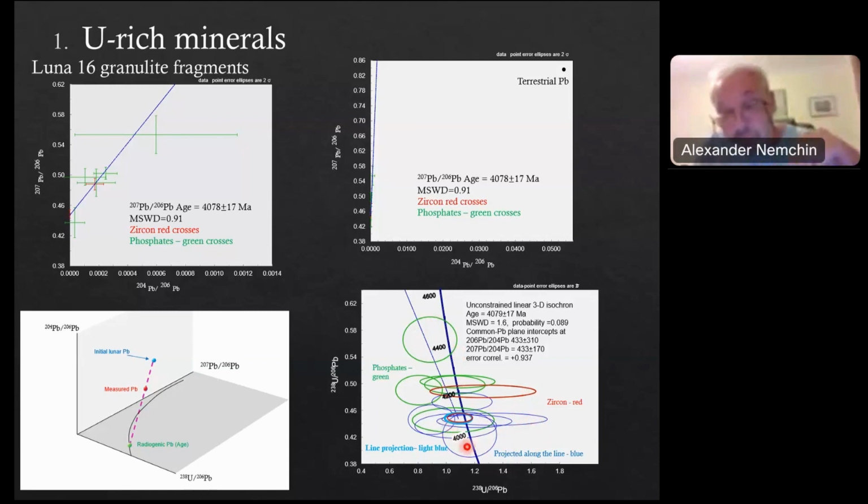You can see they are projected reasonably tightly to the Concordia, and we can estimate the age, which is 479, which is not different from our intercept age. We also can estimate the intercept of our common lead plane, which is highly radiogenic. Again, it's an indication that it's lunar. So we're probably tapping into the initial composition here, the composition that the rock had when it formed.